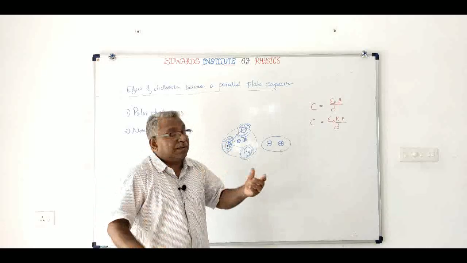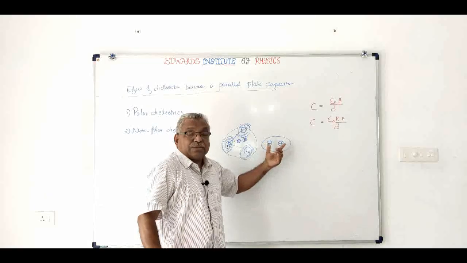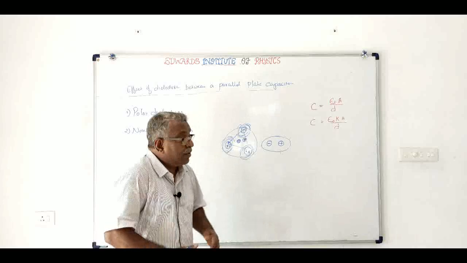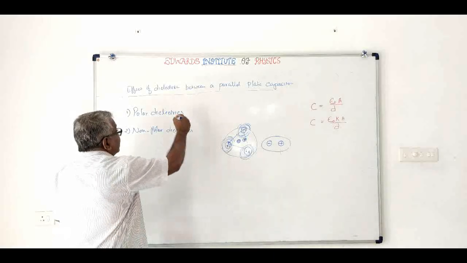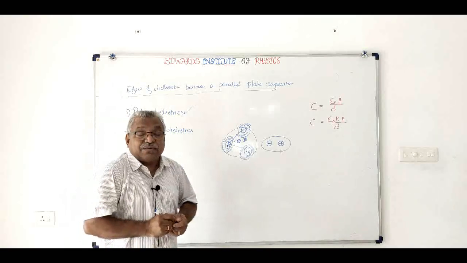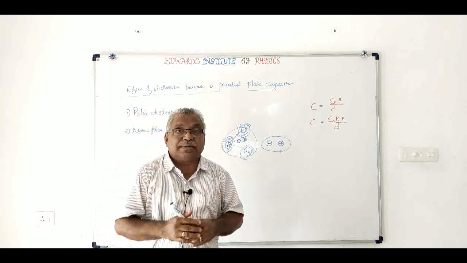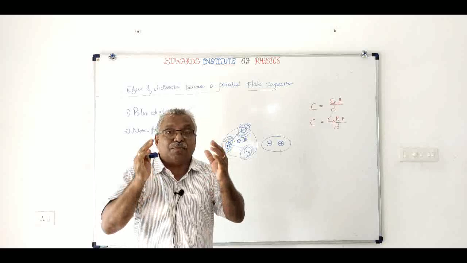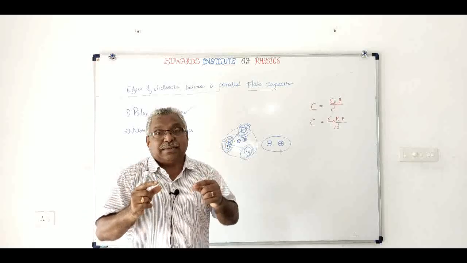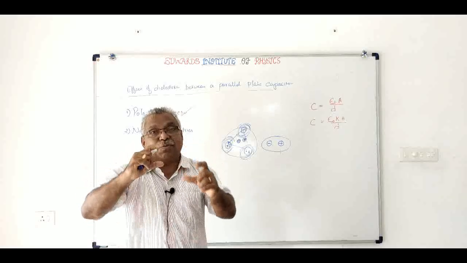So there will be some polarity. This type of molecule is called a polar molecule. If a dielectric is made up of such polar molecules, it is called a polar dielectric. The peculiarity of polar dielectrics is that their molecules have a polarity and behave as dipoles.